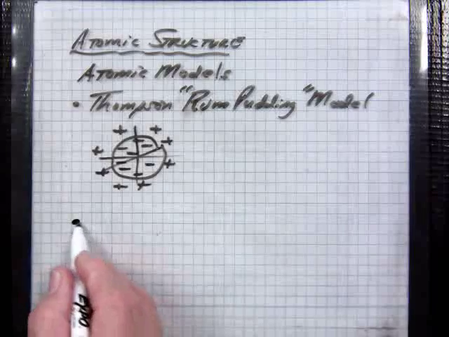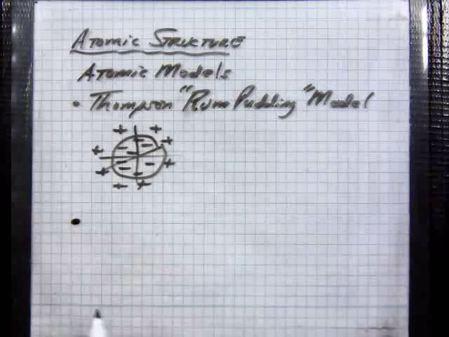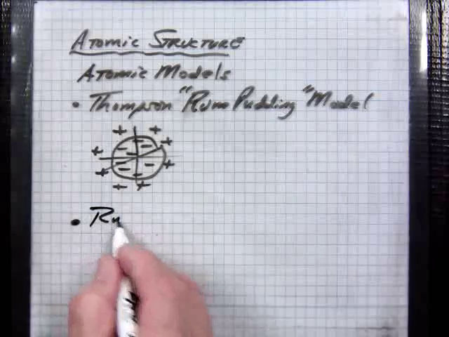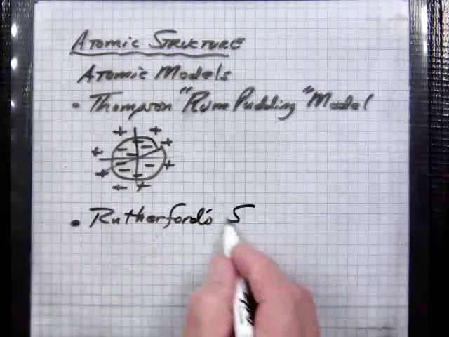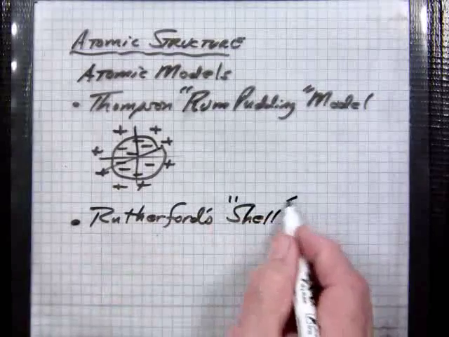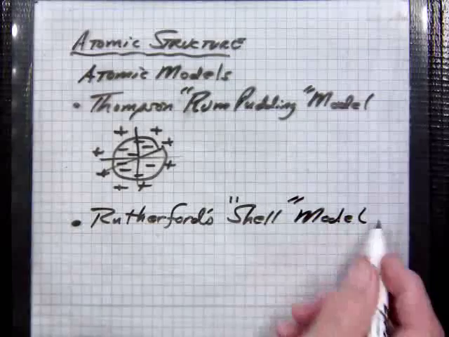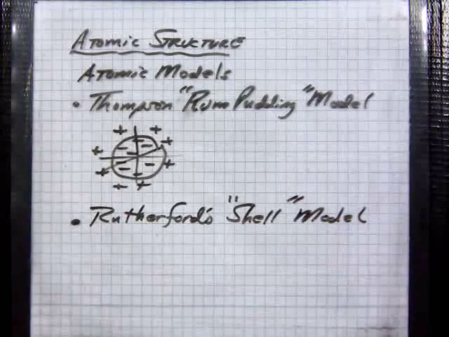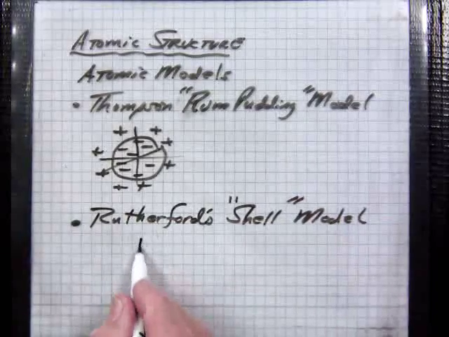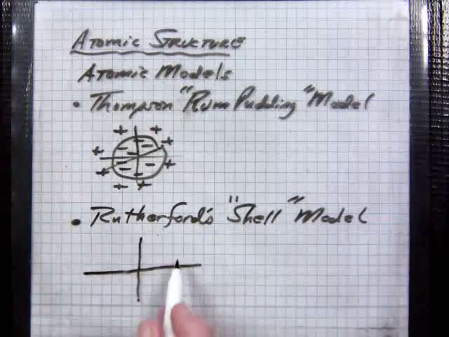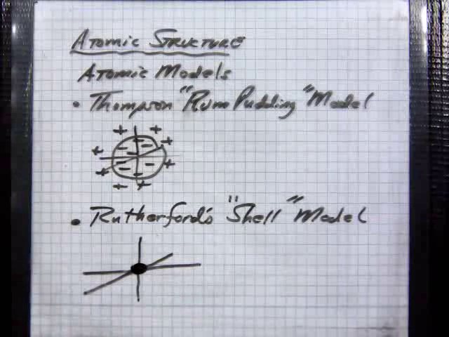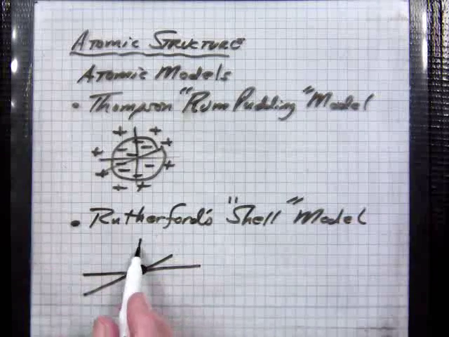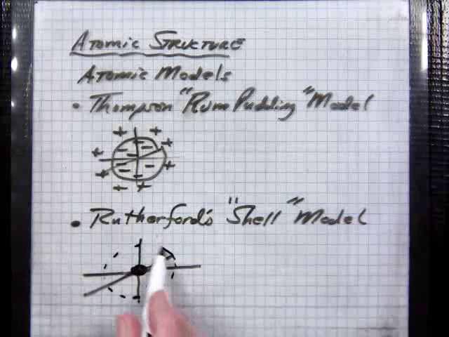Well, that did not last long. Along came what we call Rutherford's shell model. And Rutherford determined from experiment that the atom consisted of a very compact, in his thesis, indivisible nucleus surrounded by the electron cloud.